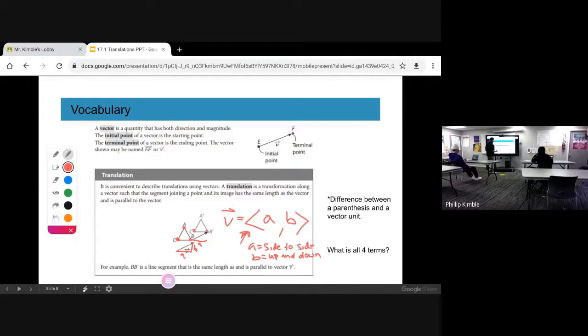And those 3 points are going to be known as what? Terminal points. Good.